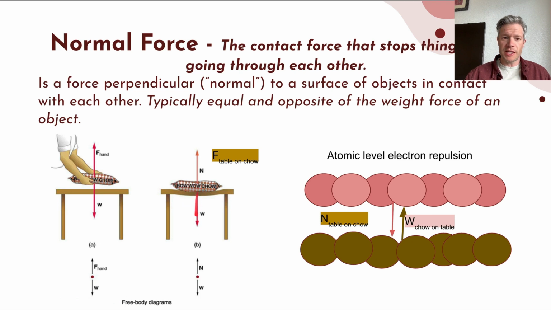The dog food still has weight downward, but at that same amount of force that the weight is, we have a normal force upward. And that's why we have a net force of zero occurring here at the table, but also why the dog food isn't continuing on to the floor. Okay, so that's a normal force.